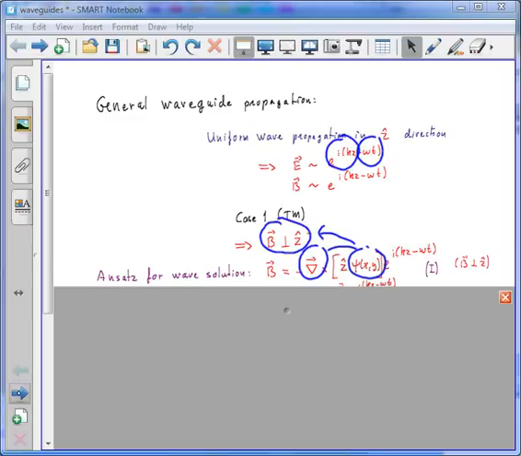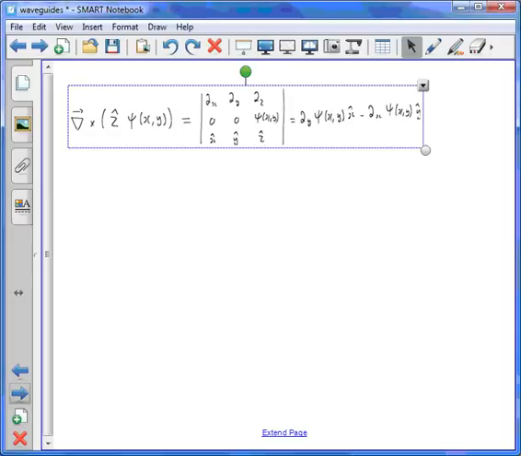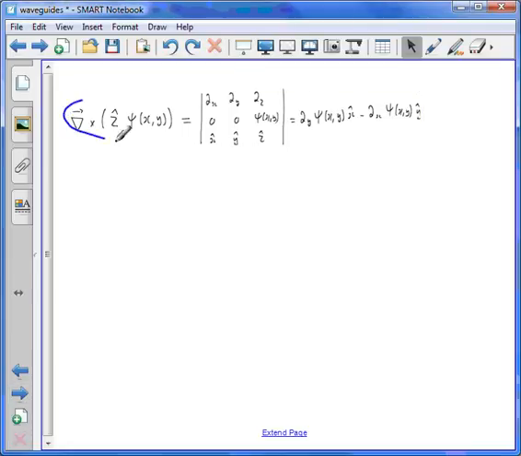So I'm going to look at the expression of the curl of this general function psi of x and y multiplied by the unit vector z. This is simply given by the determinant of the derivatives dx, dy, and dz, then the components of z, x and y, and then the unit vectors in x, y, and z.